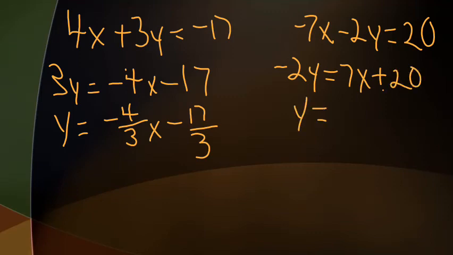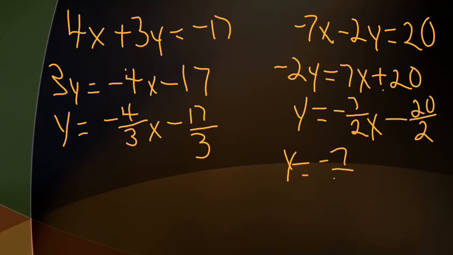Isolate the y by dividing everything by minus 2. So I've got minus 7/2 x minus 20 over 2, or minus 7/2 x minus 10. All right, so there are my two linear equations written in slope-intercept form.